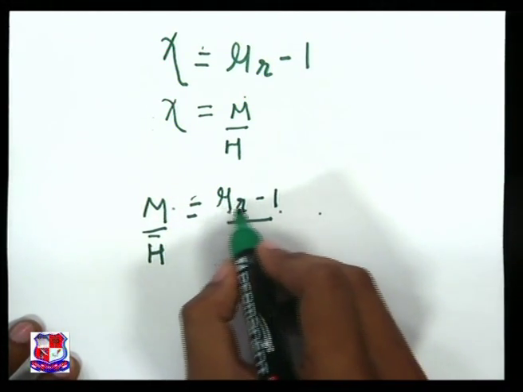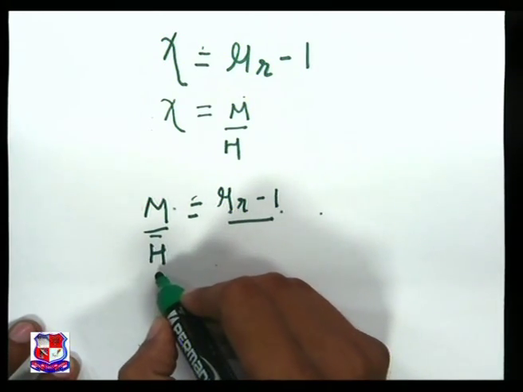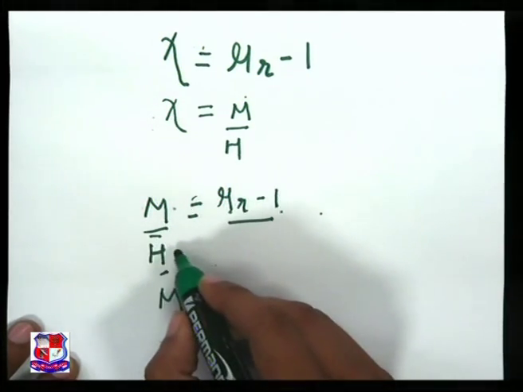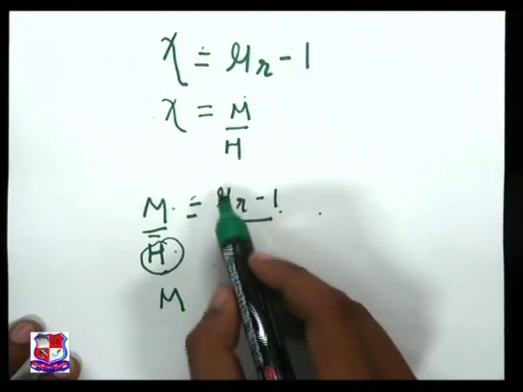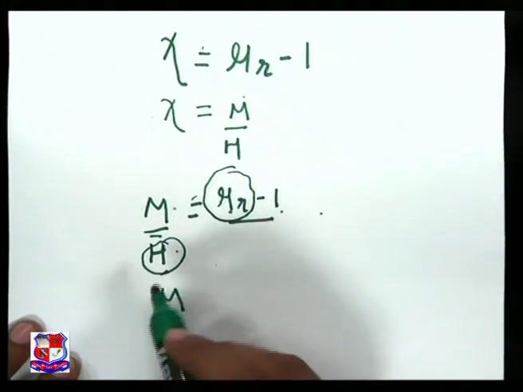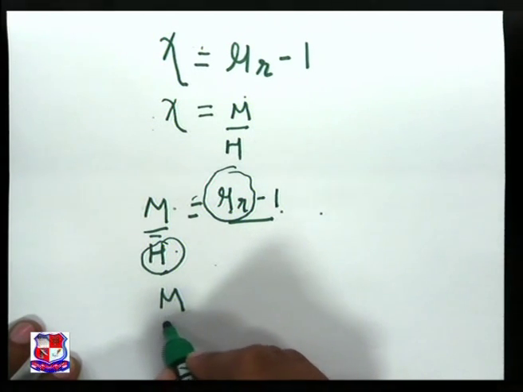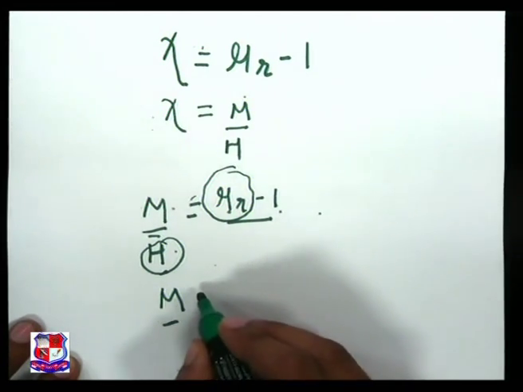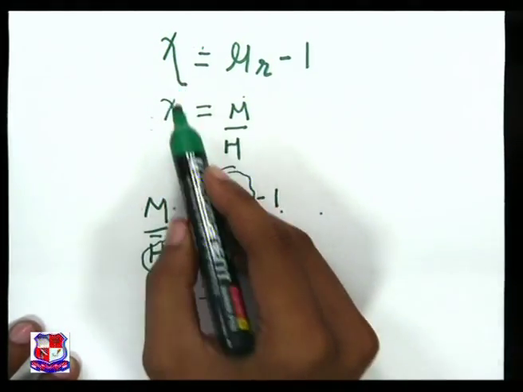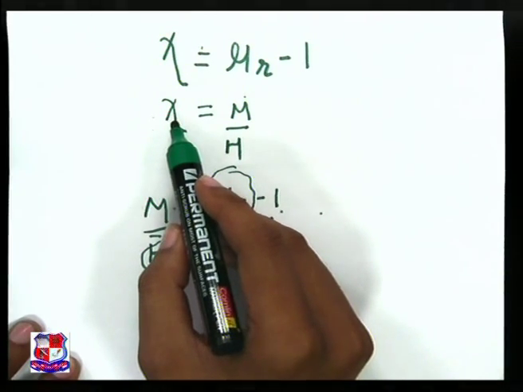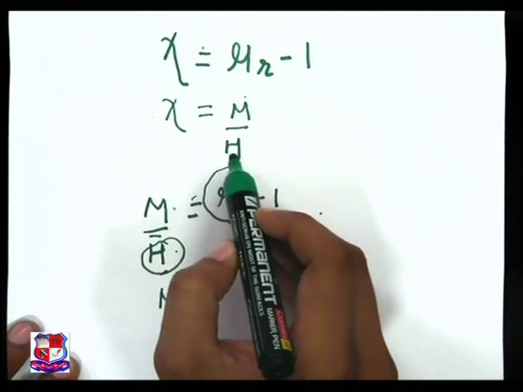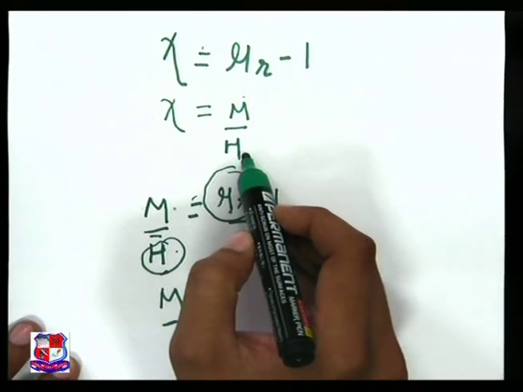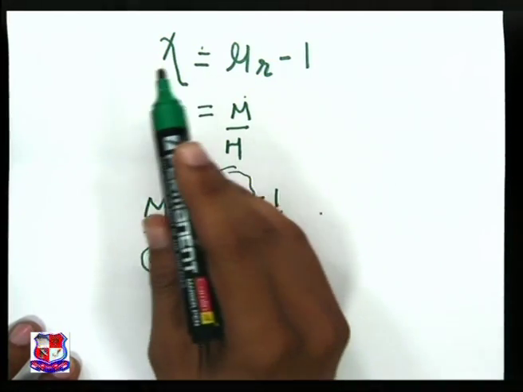We have the value of mu r and the value of H, so by substituting them we can get the value of M. Here M represents the magnetization and H represents the applied field.